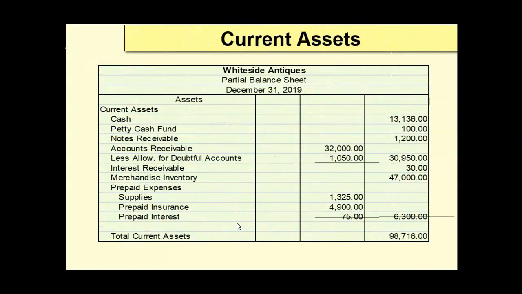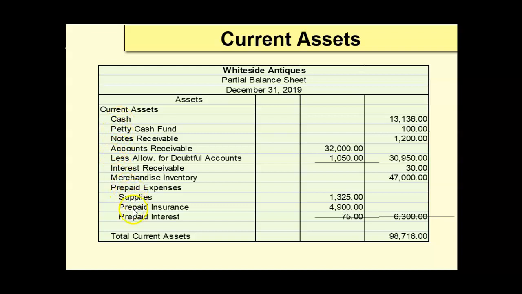I'm glad you asked that question. Those would be your receivables, whether notes receivable, accounts receivable, interest receivable. These are items that we can convert into cash when the client pays us. Also, merchandise inventory. Once we sell the inventory, then it becomes receivable and eventually converts over into cash.